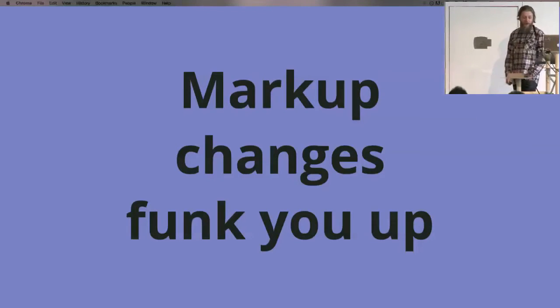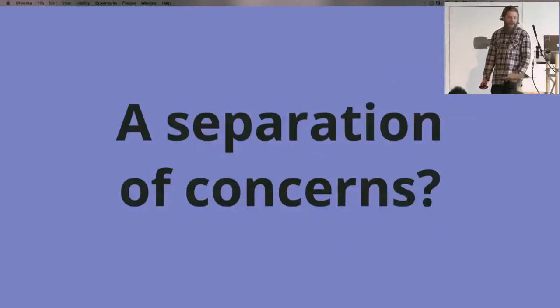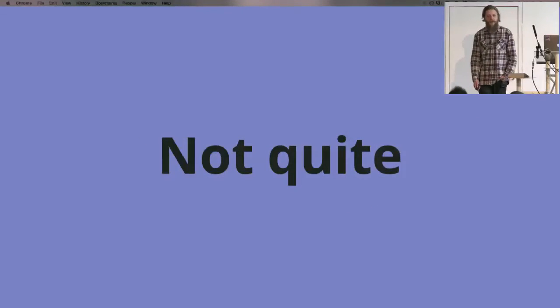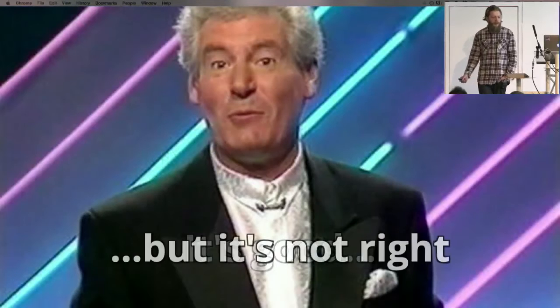We try to get around this with putting in proper version numbers and proper releases, which is weird as a front-end developer. I'm not used to that. We put change logs in, so we'd say there's been a breaking change, make sure you update all your markup, but it's not ideal. So is it really a separation of concerns? Not quite. I mean, it's good, but it's not right.